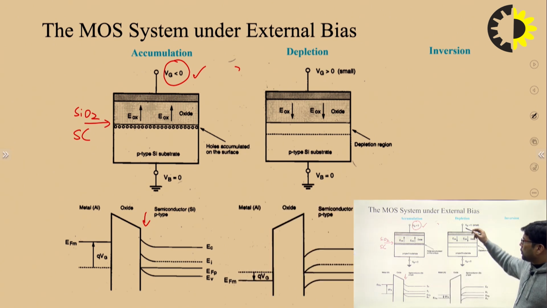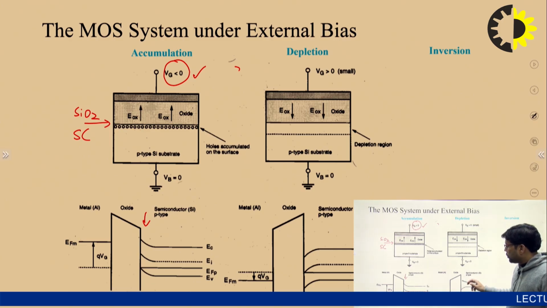So here you can see in the oxide layer the electric field is going downwards, that's why the energy level bends in the downward direction at the interface of SiO2 and semiconductor layer.